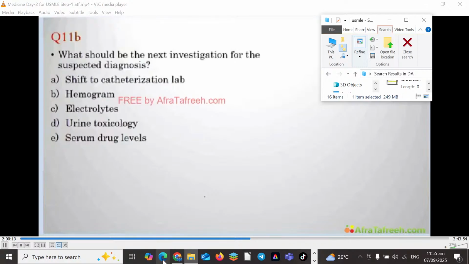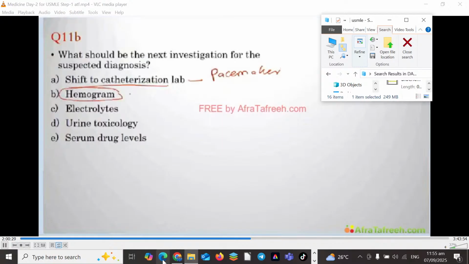See, when you say shift to the catheterization lab, it is to put in a pacemaker. But that should follow after some baseline investigations. Hemogram has no impact on your heart rate. Anemia, thrombocytopenia will not result in complete heart block. So it is not required.